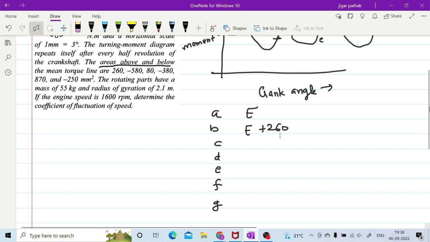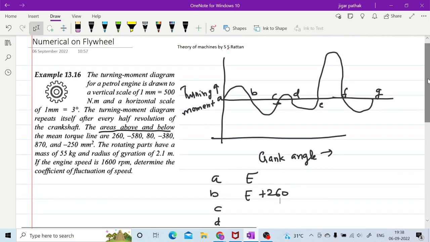So here in your turning moment diagram, this area is 260, this area is 580, right? I guess this is not that clear.